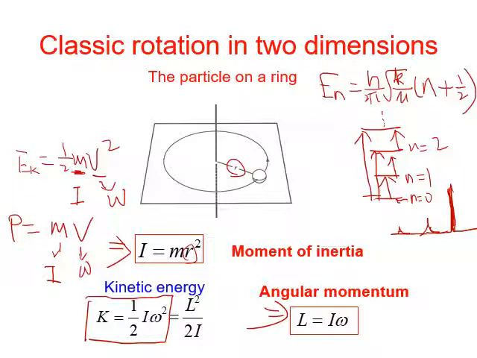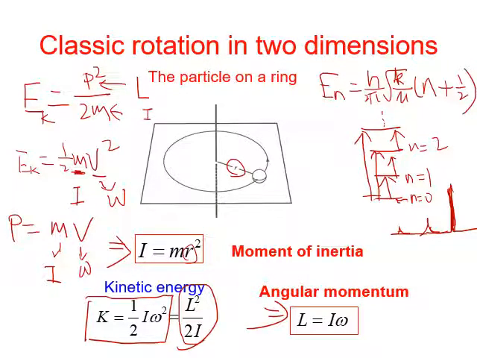We also know that in linear motion, kinetic energy is half m v squared, which can also be written as p squared divided by 2m. So p, the linear momentum, is replaced by angular momentum, and m by I, and that's why you have this equation: L squared divided by 2I.